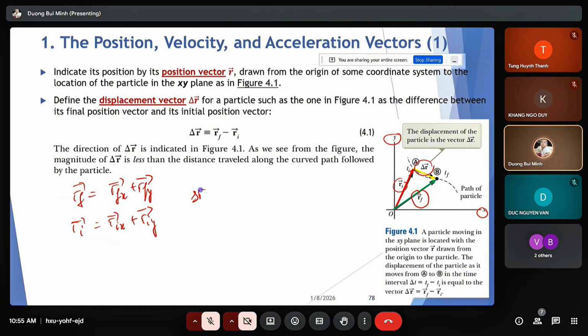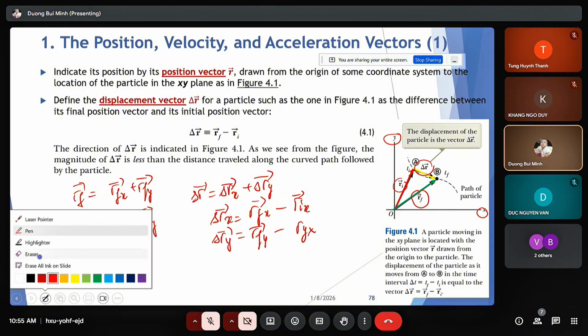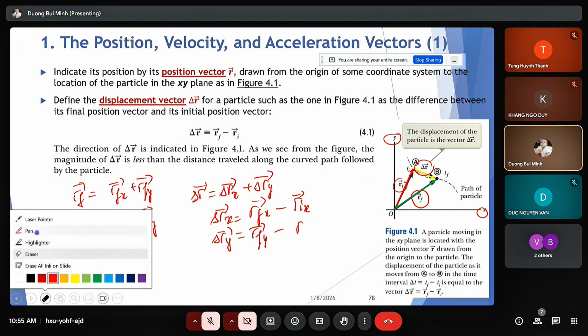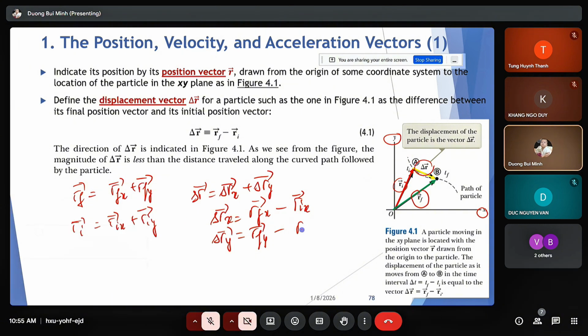So you can get delta r as delta r_x plus delta r_y. Delta r_x is r_fx minus r_ix, and delta r_y is r_fy minus r_iy.